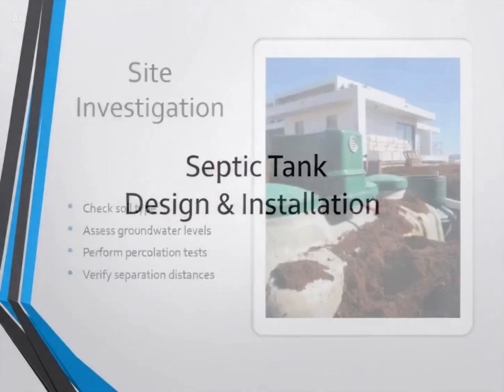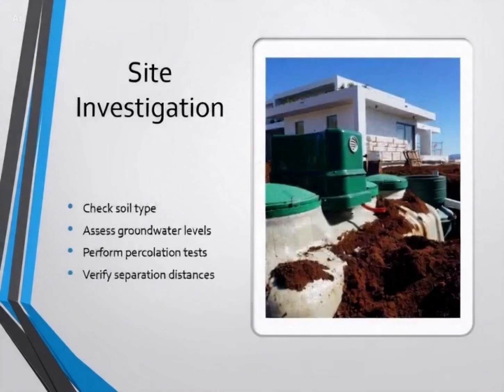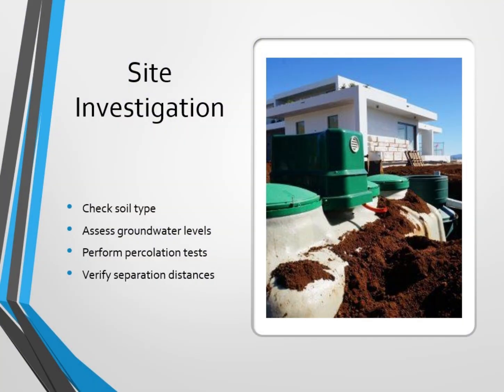Site investigation. Before designing the septic tank, you must investigate the site conditions. Key factors include: 1. Soil type, as clay soils drain poorly and sandy soils drain faster. 2. Groundwater level. Never place a septic tank in areas with a high water table. 3. Percolation test.